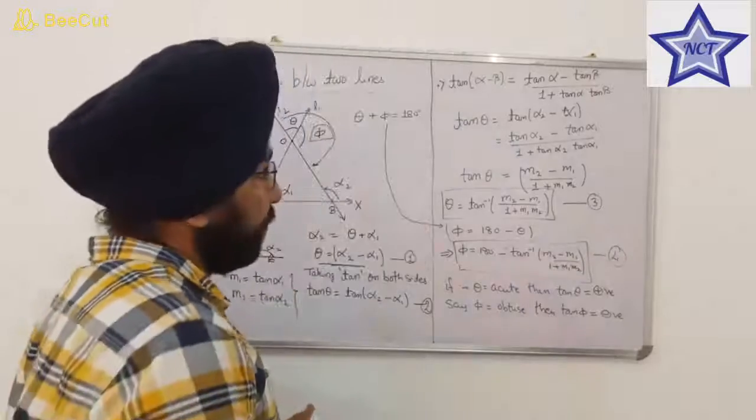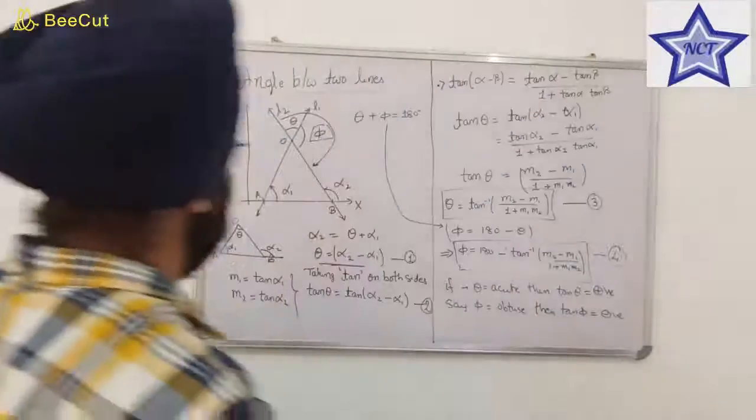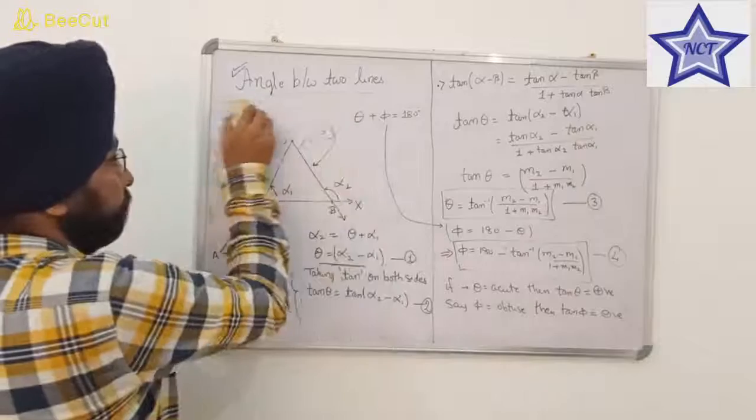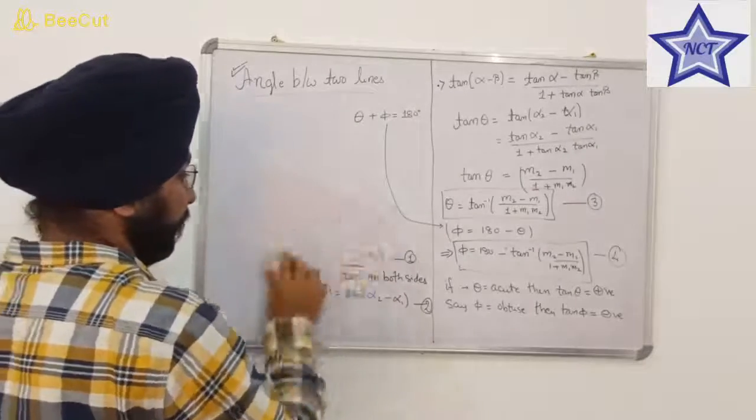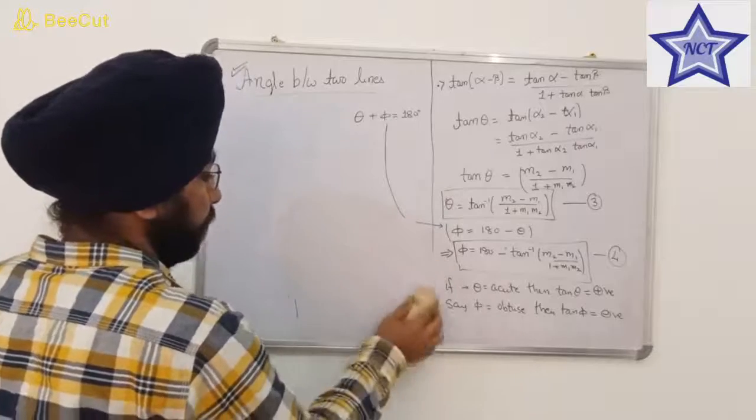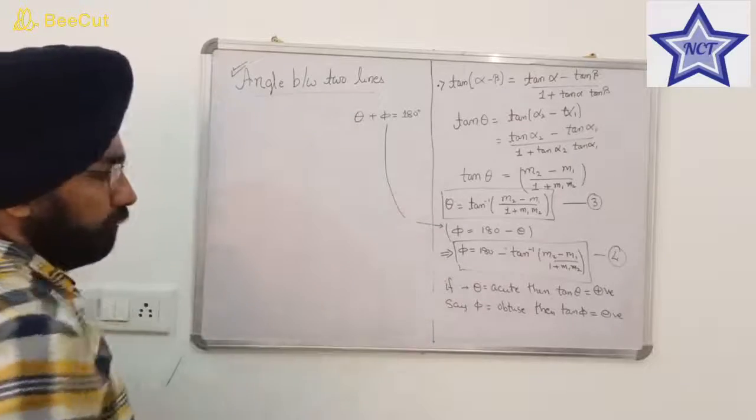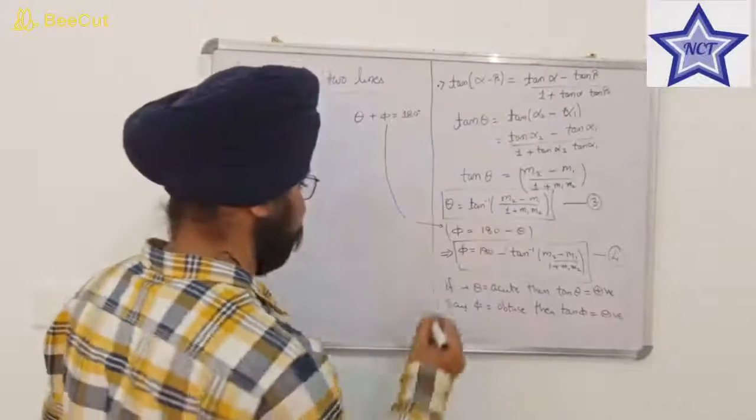So what I conclude from here in a very simple way is that tan of angle between two lines can be positive or it can be negative.